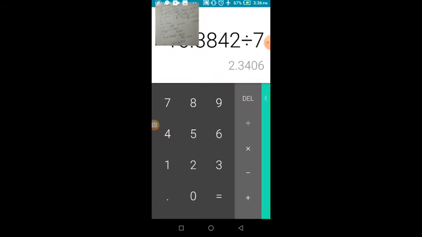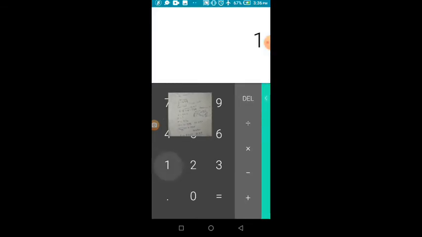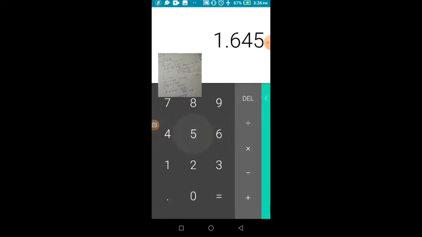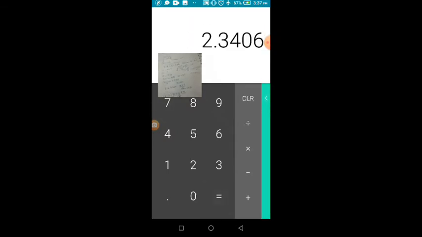It gives us 2.3406. Okay, you can see that's the answer. That's the margin of error.